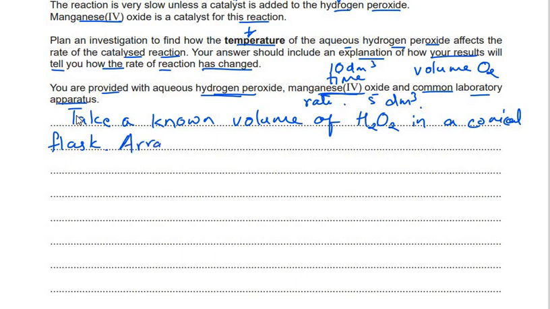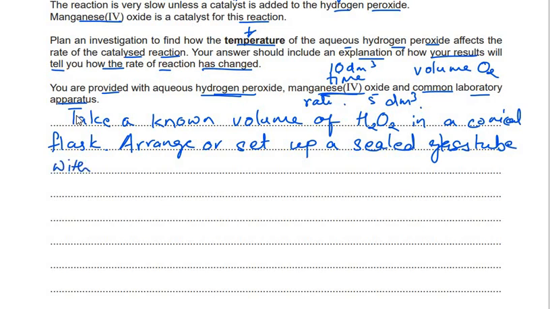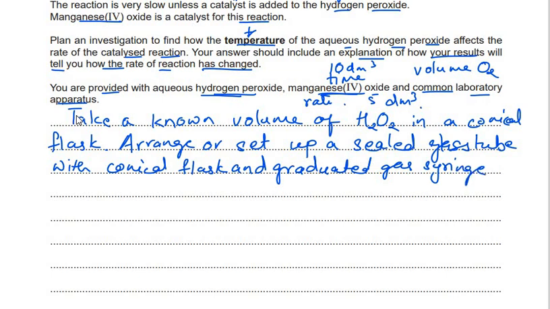Arrange or set up a sealed glass tube with the conical flask and a graduated gas syringe to measure the volume of oxygen gas produced.